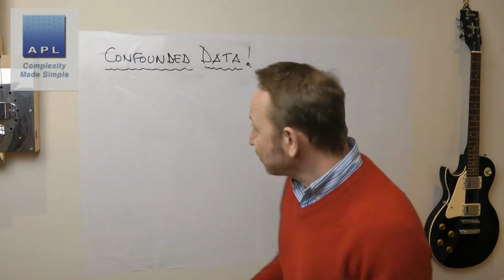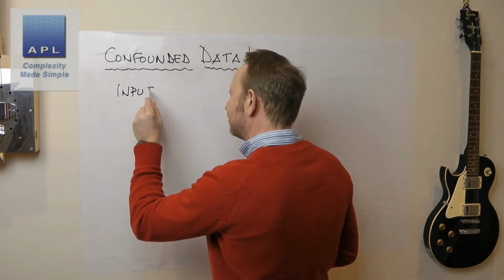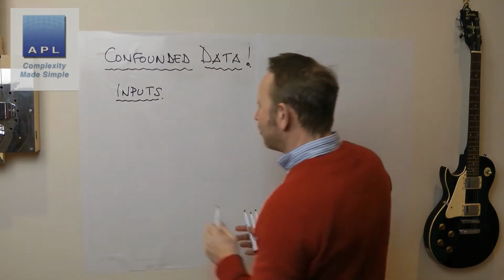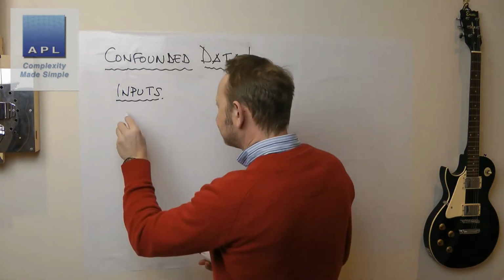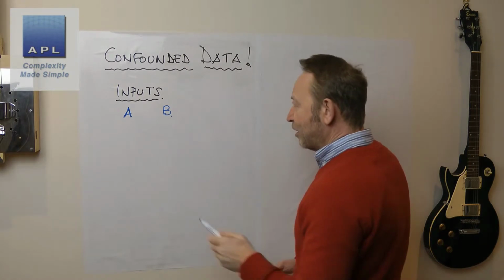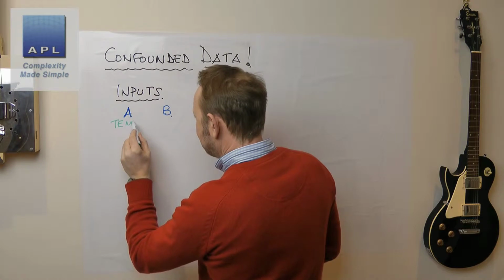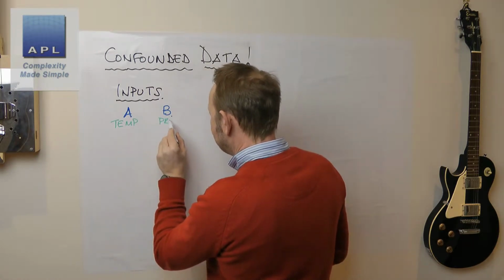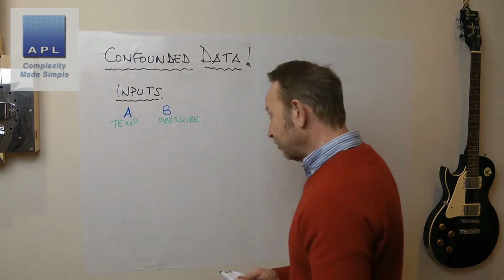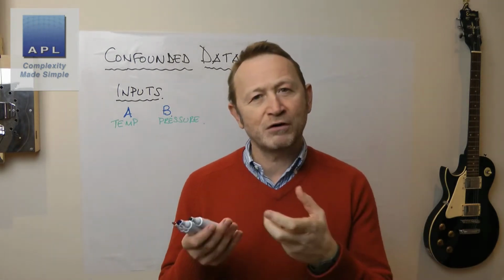Typically you're going to have a historical data set. I'm only going to put two inputs up there: input A and input B, which will be something like temperature and pressure. You will have collected random values for temperature.